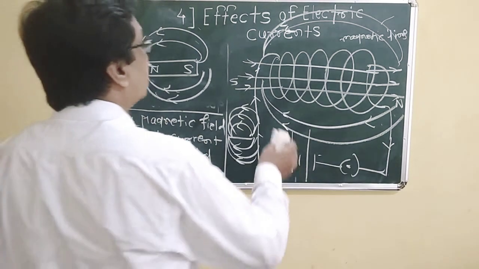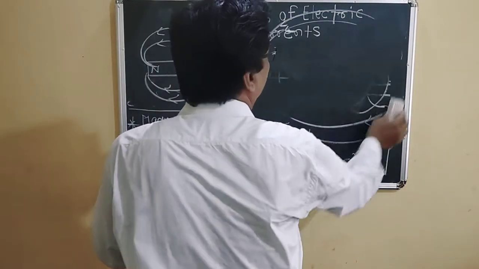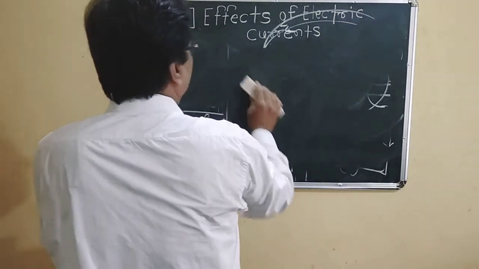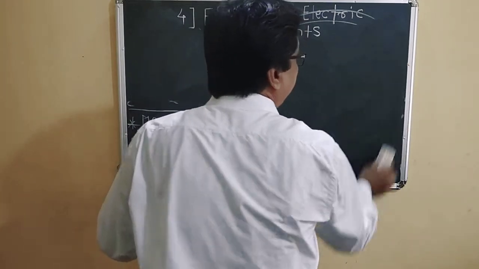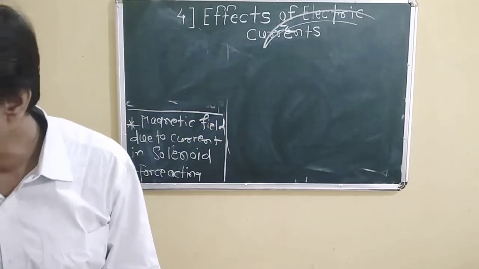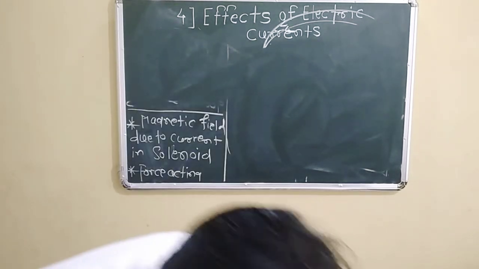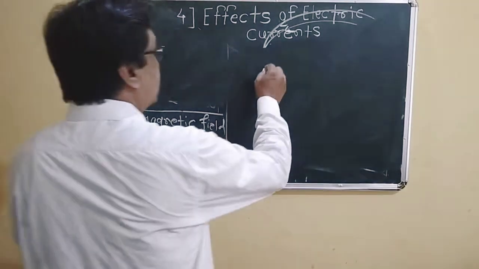For that purpose, I have to draw a figure, and we will discuss what happened in that experiment. For that experiment, on page number 55, we can see that here is a stand.